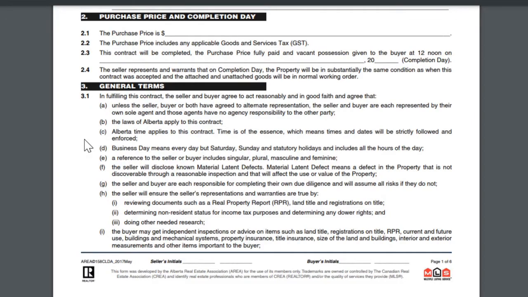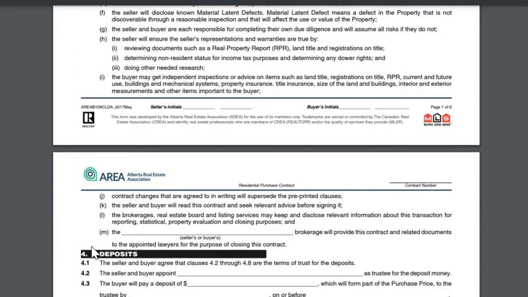That at the time, there'll be an RPR, you can see down here under I, so a real property report, or there'll be title insurance if that's not the case. This stuff here is all up to us to negotiate. Maybe sometimes things are going to be here, maybe there won't be, but these are the general terms, and then we're going to get into how that stuff actually works out.